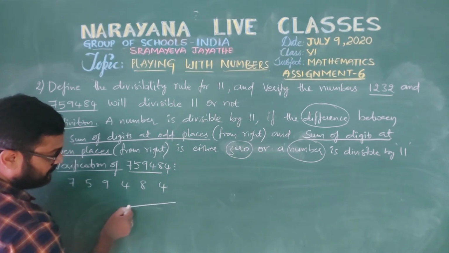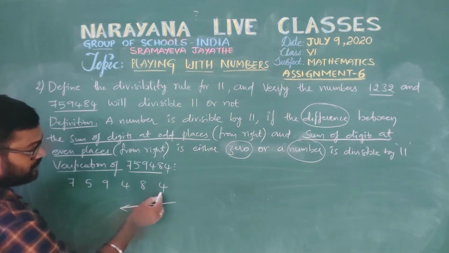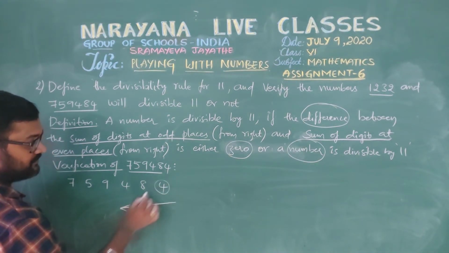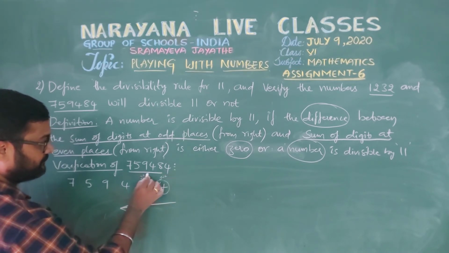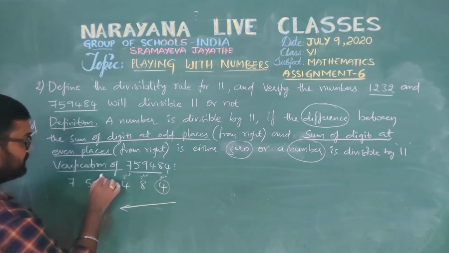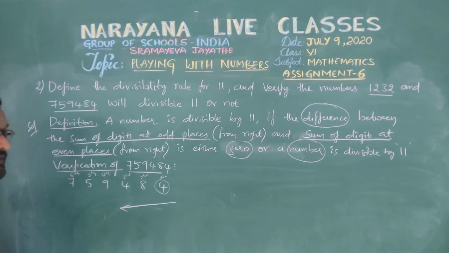See, every time you need to count from the right, isn't it? So this is at first place, this is at second, third, fourth, fifth, and this is at sixth, isn't it? So like this we have first, second, third, fourth, fifth, sixth places.